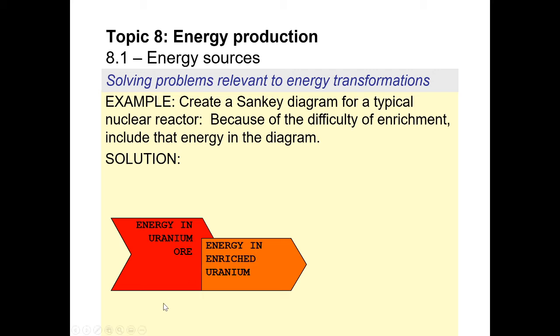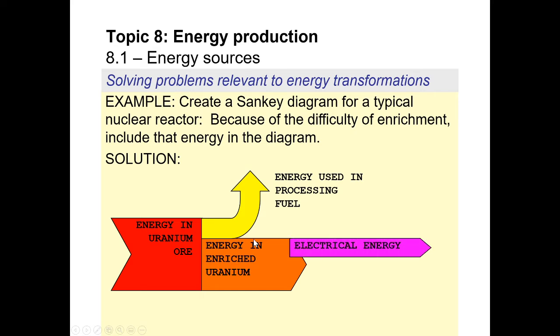Enriched uranium just means it's higher density. And if you're wondering, the uranium we're talking about here is uranium-235. This will come up on the slides later on. Now, when you process this uranium ore and make it enriched, you use energy. So some of that energy is lost, and we cannot use it in the overall reactor.